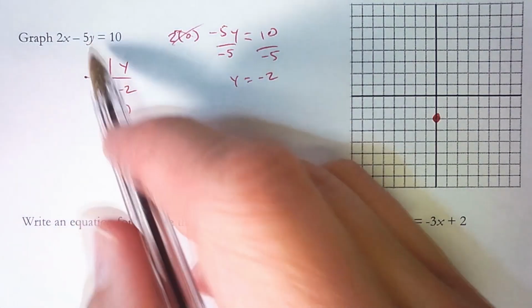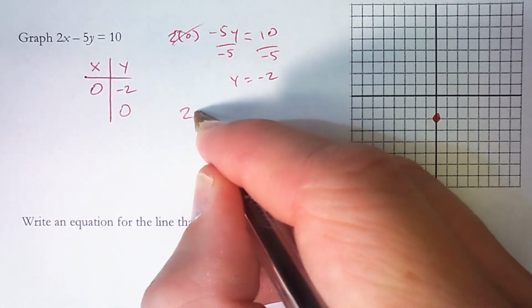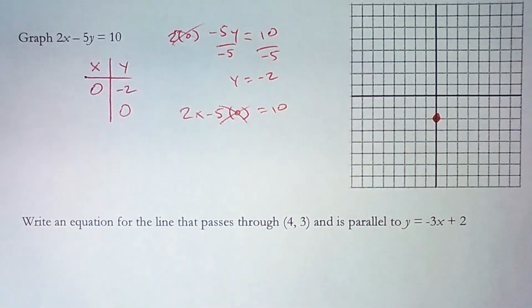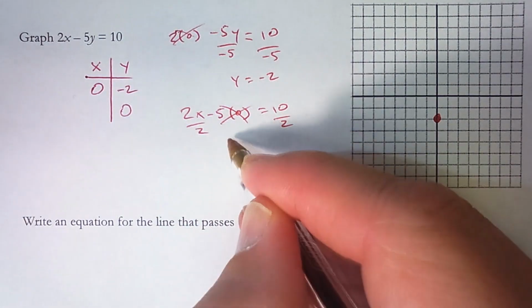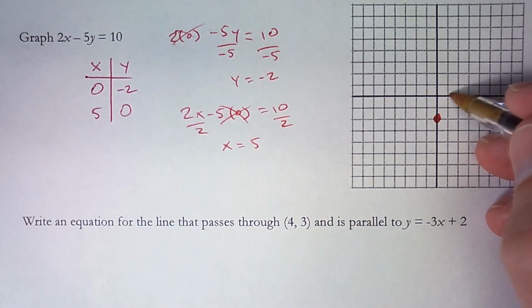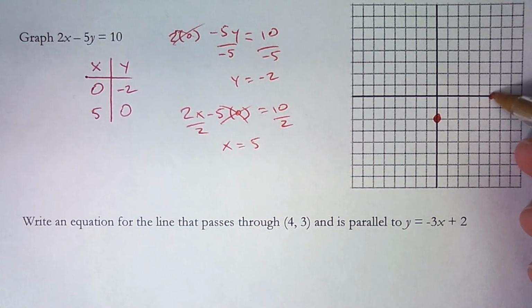Okay, so I can graph the point 0, -2. And then when y is 0, I have 2x minus 5 times 0 equals 10, and -5 times 0 is 0. So I can divide by 2 and get x is 5. So I have the point 5, 0. Okay, now between these 2 points, I can go up 2 and right 5.